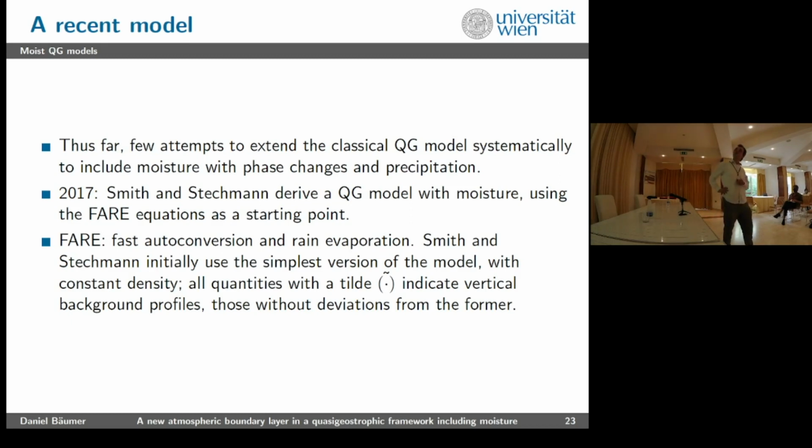And apparently this has actually been used as a cloud resolving model and seems to have had some success, which motivated Smith and Stechmann to use it, right?